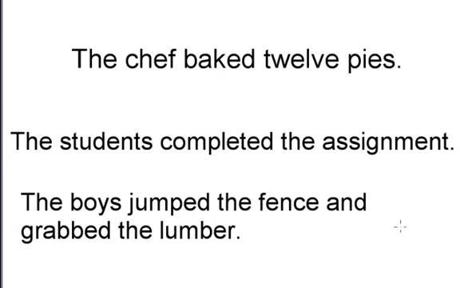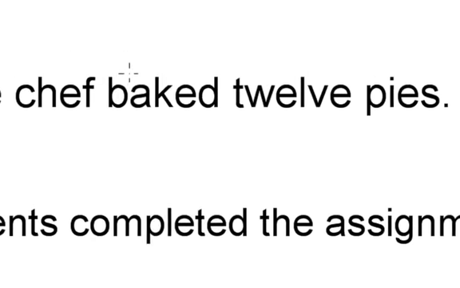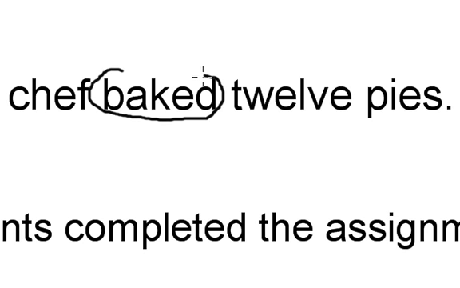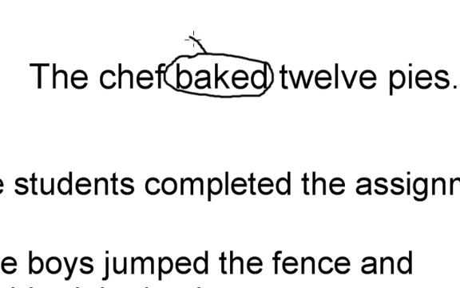So here are three sentences we can work through and practice real quick. First sentence, the chef baked 12 pies. First thing we do, grab the verb. What's the subject of the sentence? Chef. The chef did the baking. Now let's ask ourselves, baked what or baked who? We can answer baked what. And what was baked?